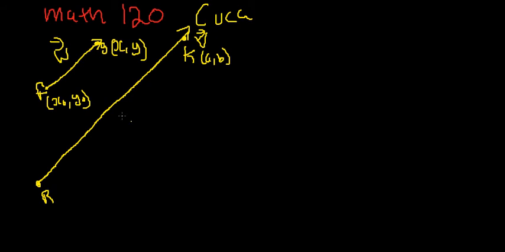Now, all this is saying is that w is a scalar multiple of v. And that's fairly obvious here.